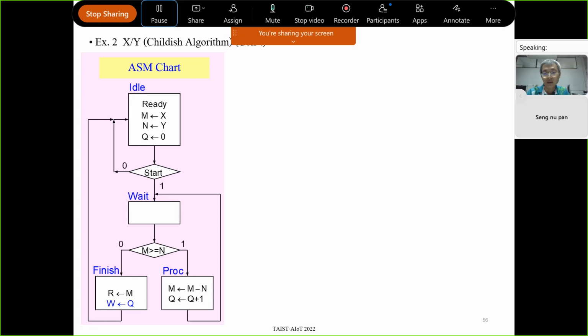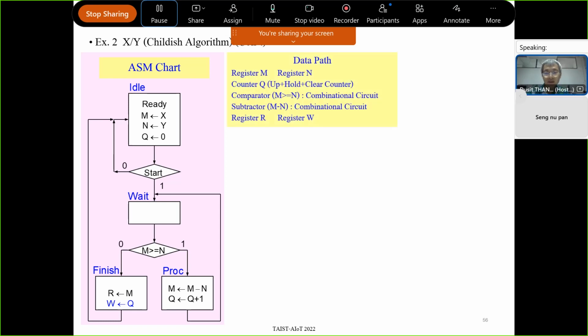So from this, let's analyze what kind of components you need to build the machine. From the behavior of variables m, n, they should be registers. And q at this state is set to 0, but at this state it is incremented by 1.